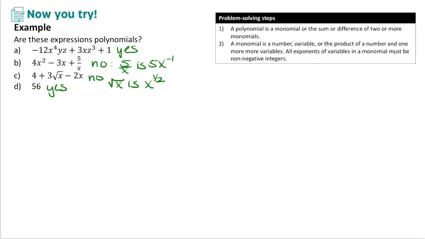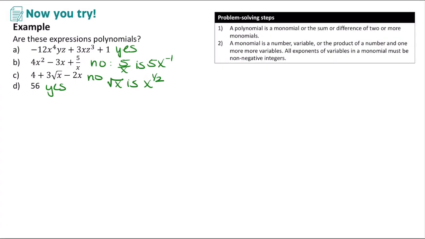If we have C, it's not a polynomial because notice that this 3 square root of x is not a monomial term, right? The square root of x is x to the 1/2, so that makes it not a monomial. And then 56, which is just a constant, is also a polynomial because 56 is a monomial.